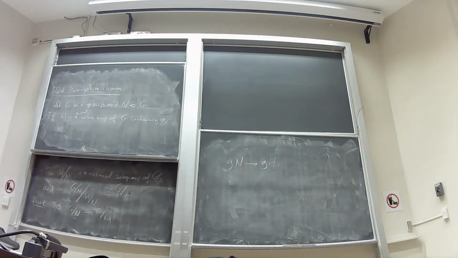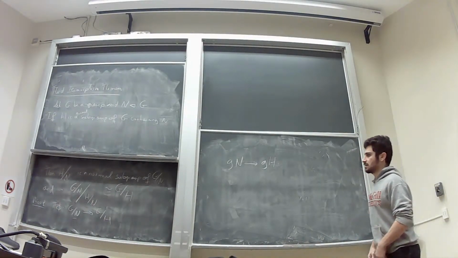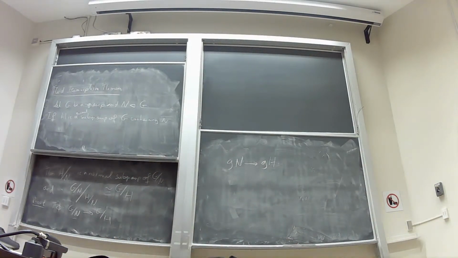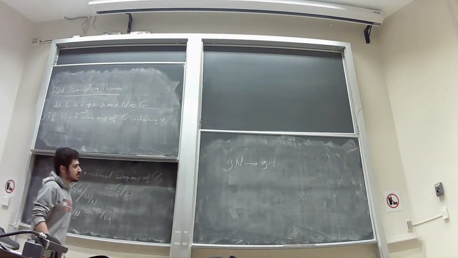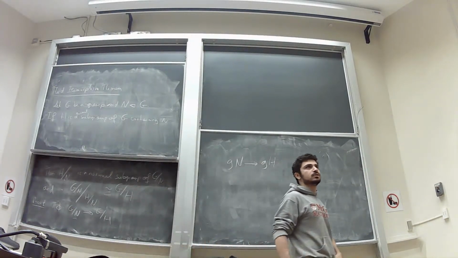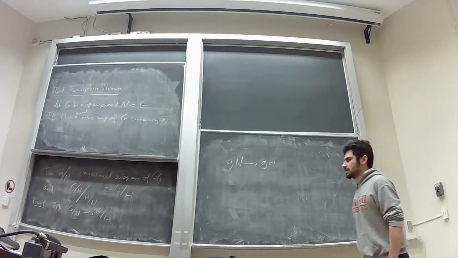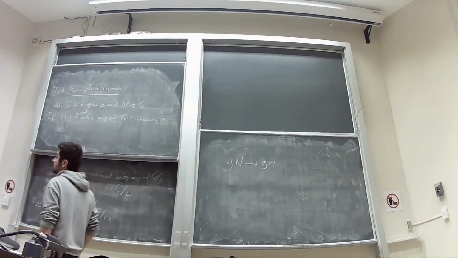Of course, you have to show first that this is well defined, surjective, and has kernel H mod N. I think the book doesn't show it's well defined, but I'll leave it as an exercise. These are not very important, but I believe it's good to see it.